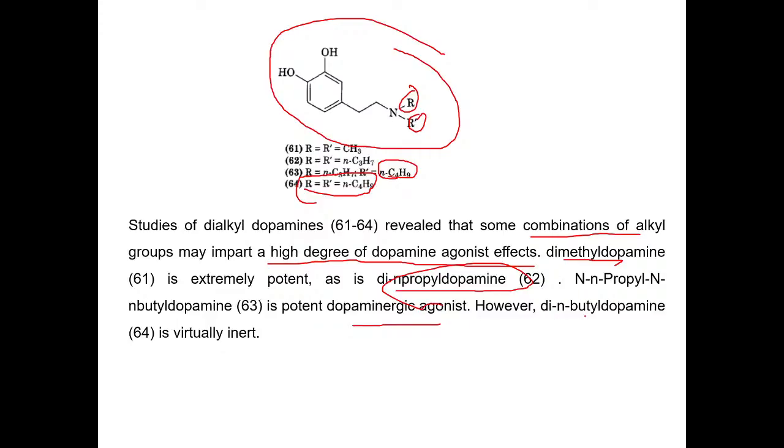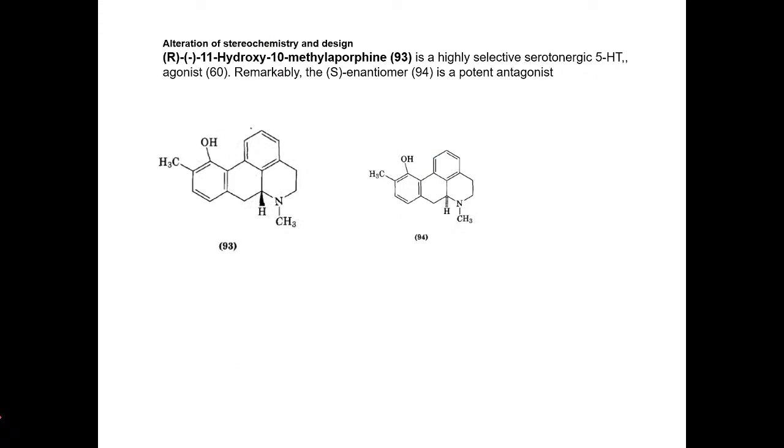However, di-N-butyl dopamine, that is molecule 64, is totally inert. So when you introduce 2 butane groups here, it becomes a completely inert molecule. It does not show any dopamine agonistic activity.